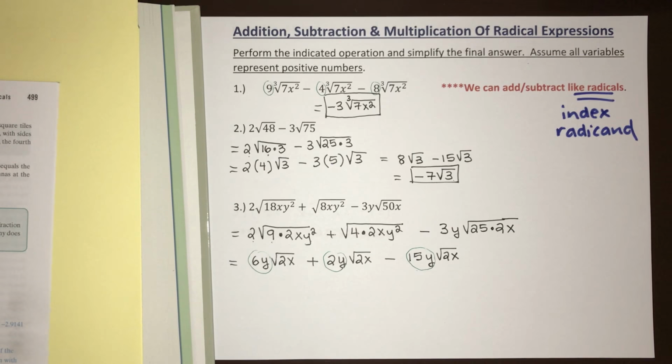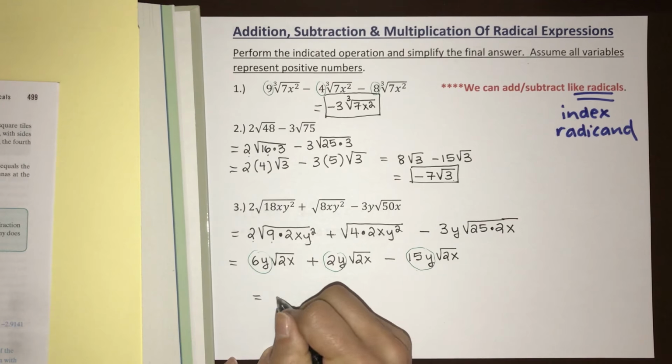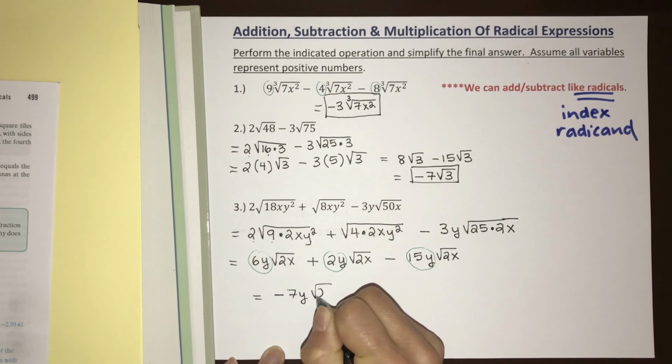So you got to pay attention to those two things. If, for example, this last term was just 15 without the y, then I can only add these two together and this part would just come down as part of the answer. In this case, they're all like terms and like radicals, so when we combine, we get negative 7y times the square root of 2x.